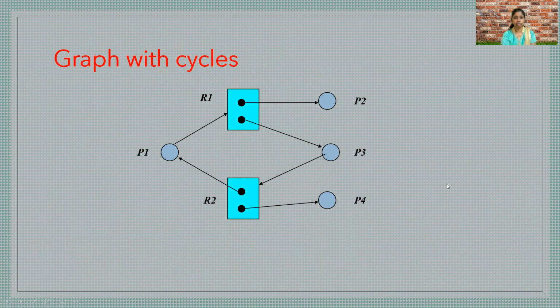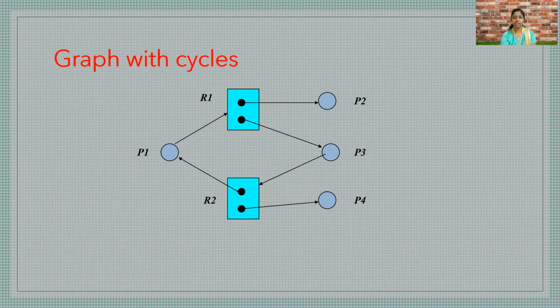So in this resource allocation graph, you can see it has 4 processes and there are 2 resources, R1 and R2. And here you can see P1 is waiting for R1, and both the instances of R1 are already occupied by P3 and P2.